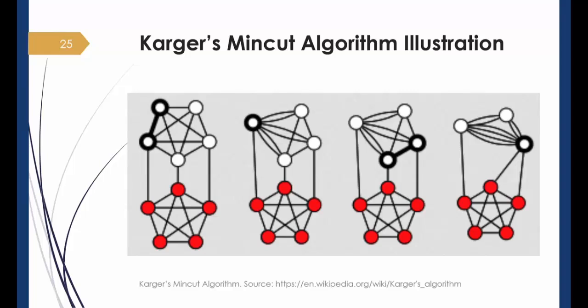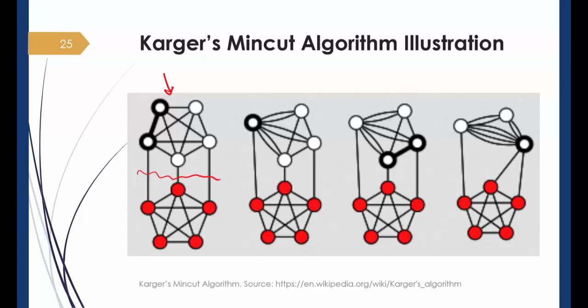So, let us look at how the algorithm operates, and this is our original graph, and as you can probably see by just eyeballing it, this is going to be the minimum cut, and this execution that we are going to see now illustrated here actually is going to discover that particular min cut.